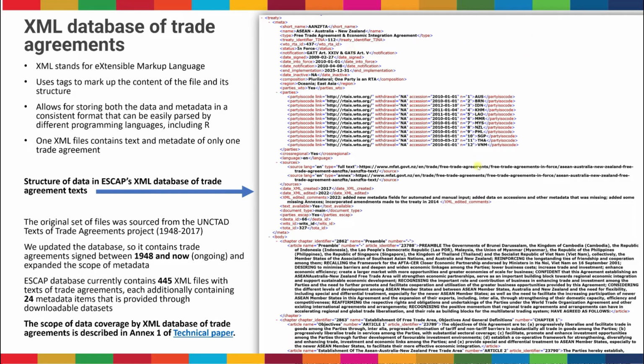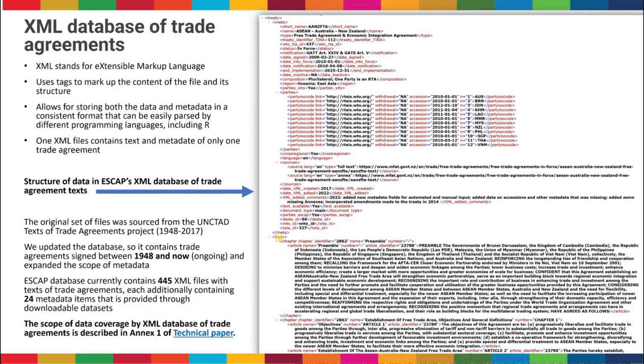You can also see the list of the parties that are signatory to the trade agreements, as well as the dates when those parties acceded to a given trade agreement or withdrew from it. There are a few other metadata here. The full list of what is contained in the meta section of the XML file can be found in the technical paper in Annex 1.